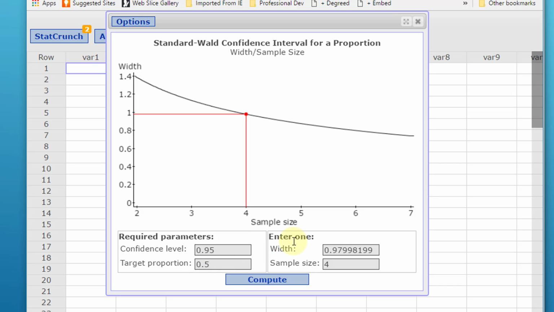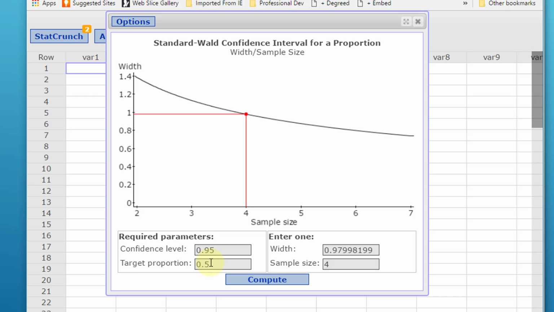The other box says enter one: either enter the width and get sample size, or enter the sample size and get the width. And since we have the width, I'm guessing that's what I need to put in there. Confidence level, we were told that we had to have a 95% confidence level, but we don't know the target proportion, P. So we need to get that.